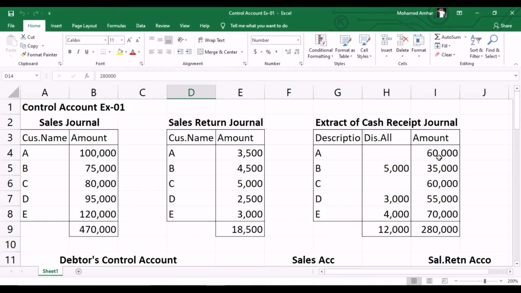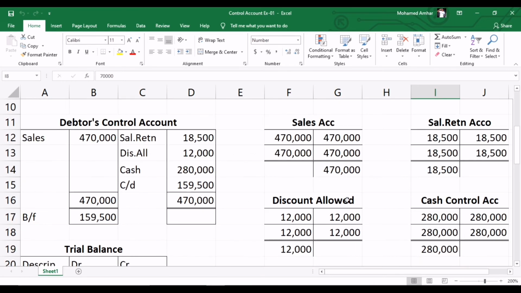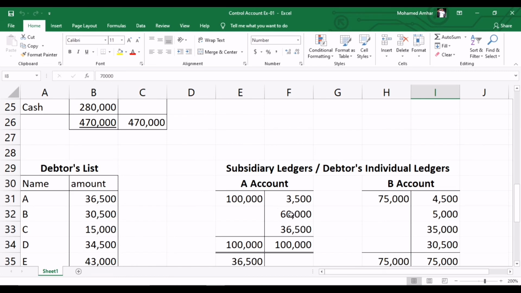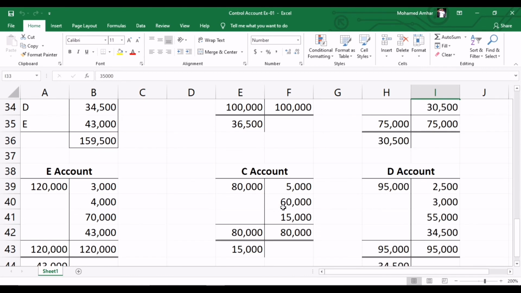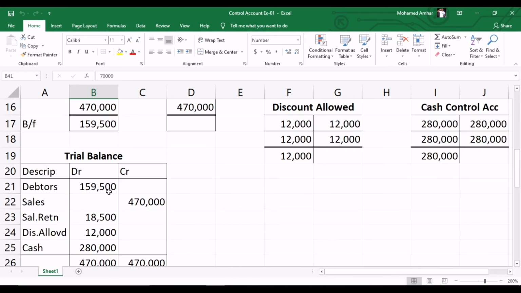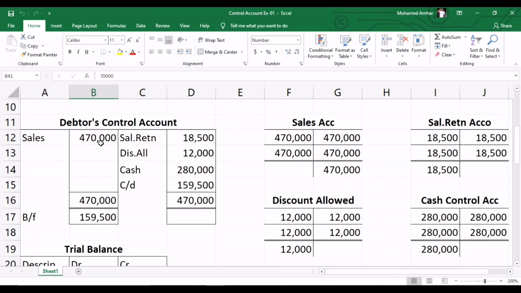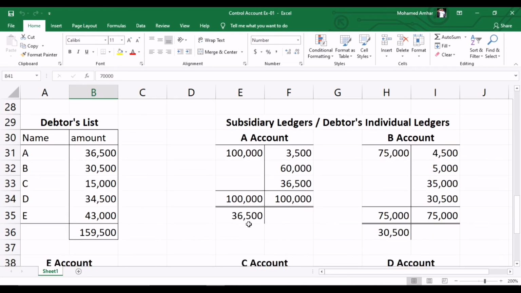Here cash received: A account 60,000, B account 35,000 credit, C account 60,000, D account 55,000, E account 70,000. Right. Now what we debited totally or credited totally, we have now recorded individually.